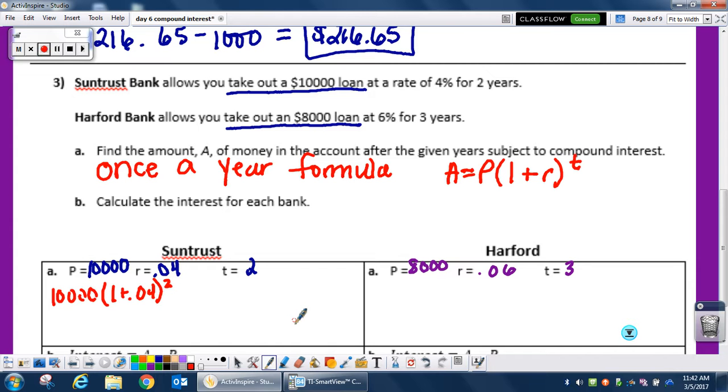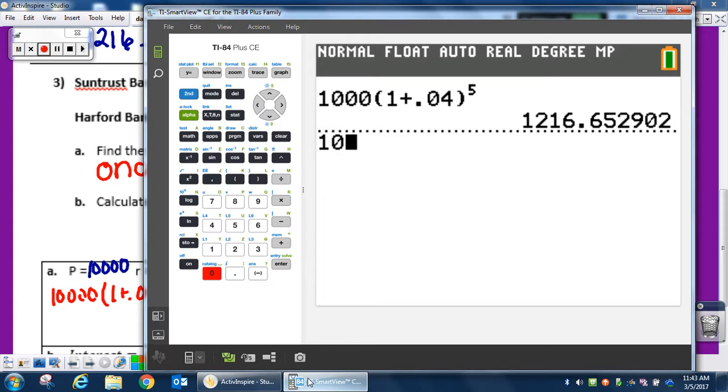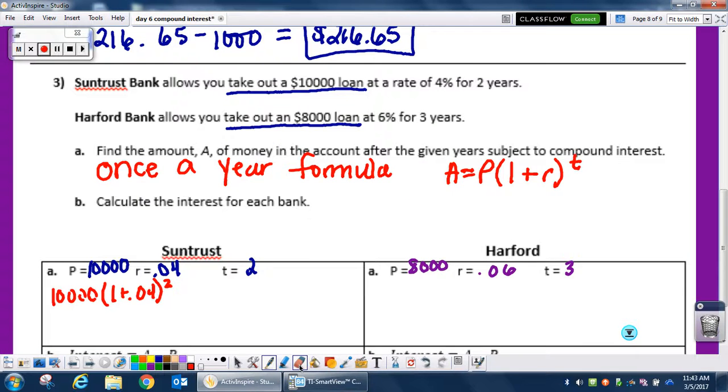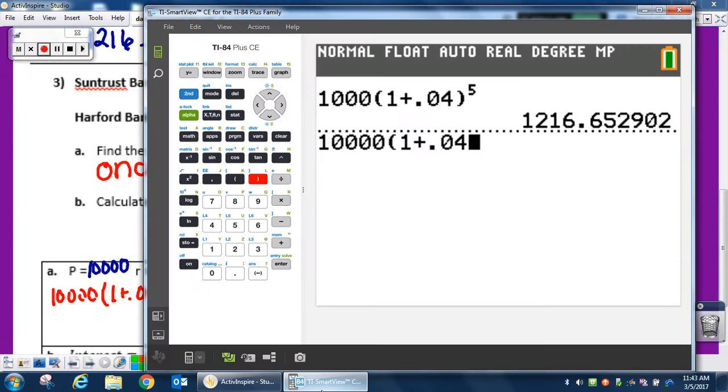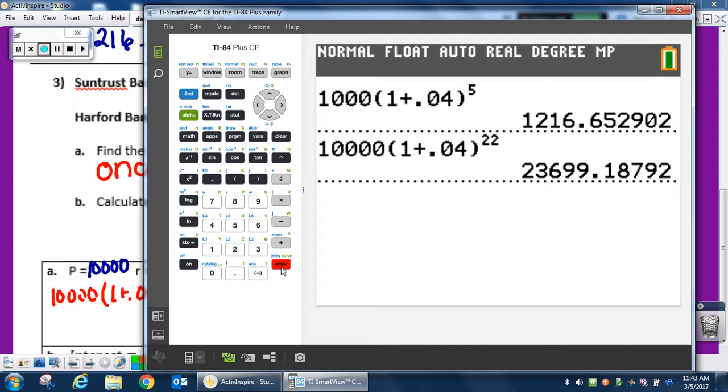Let's see how much we have to pay for that. So 10,000, 1 plus 0.04 to the second power. Oh my gosh, not the 22nd power.